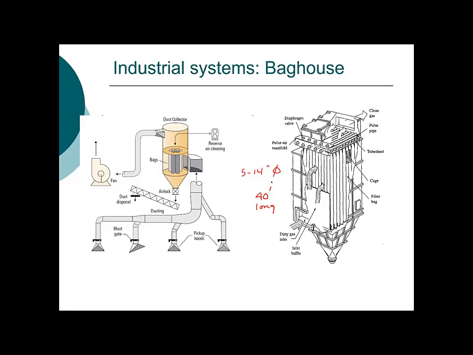And they often have multiple Baghouse filters. This is one from a large foundry, just to give you a size. It can remove 16 tons of particulate matter per hour.